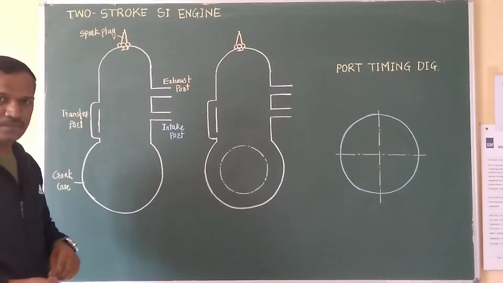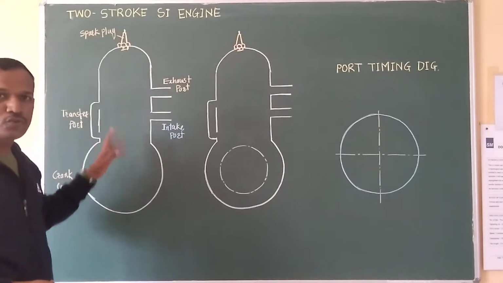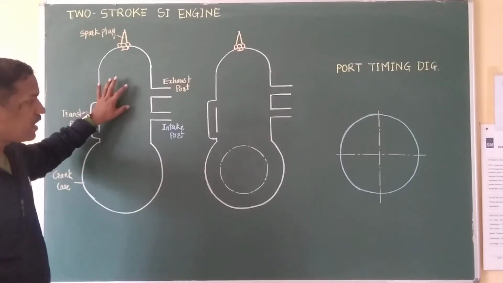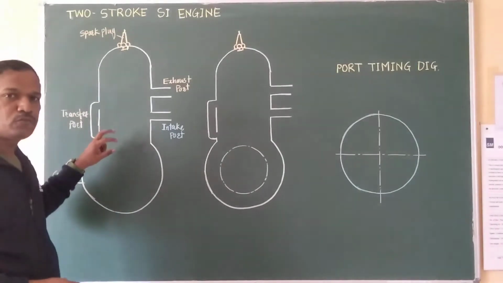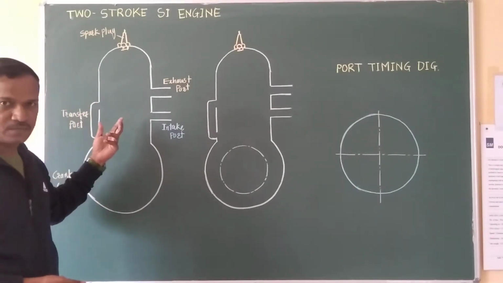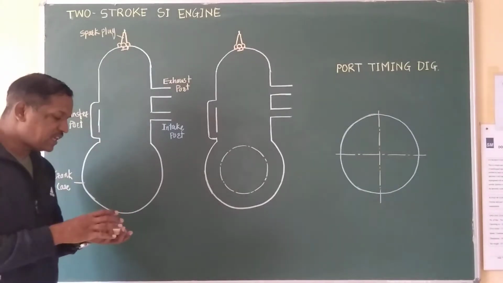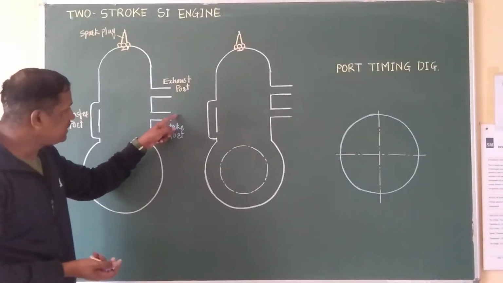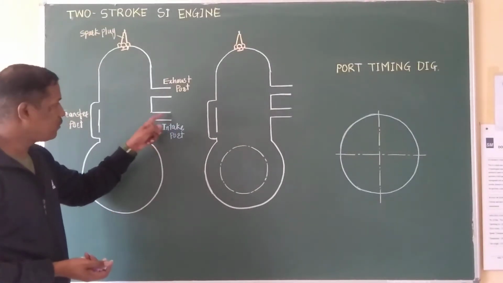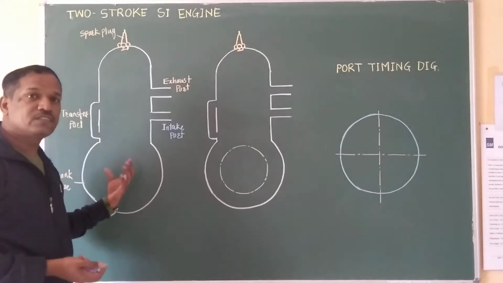Now the most important thing, that is the piston. We should draw the piston in such a way that it reflects 2 operations, because we have only 2 strokes. So this diagram is for the first stroke, this one for the second stroke. In the first stroke we have to show 2 processes.